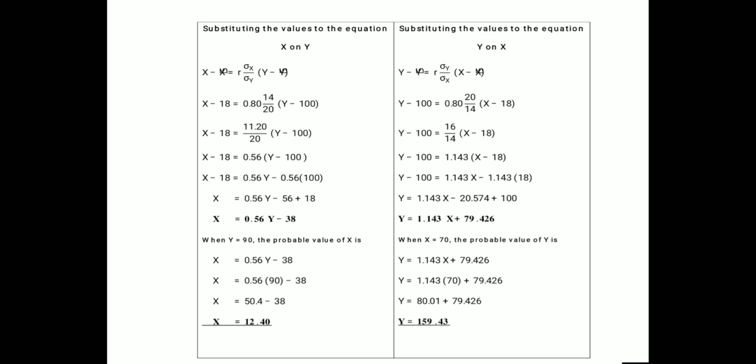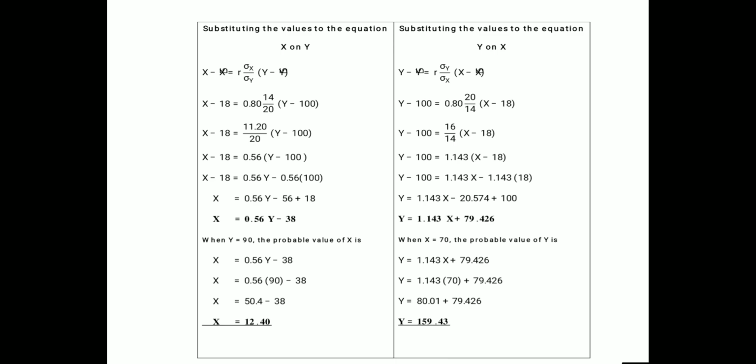The equation goes like this: x minus x bar is equal to r into standard deviation of x by standard deviation of y into y minus y bar. By substituting the values, it will be x minus 18 is equal to 0.80, that is the correlation coefficient, multiplied by 14, the standard deviation of x, divided by 20, the standard deviation of y, multiplied by y minus 100.